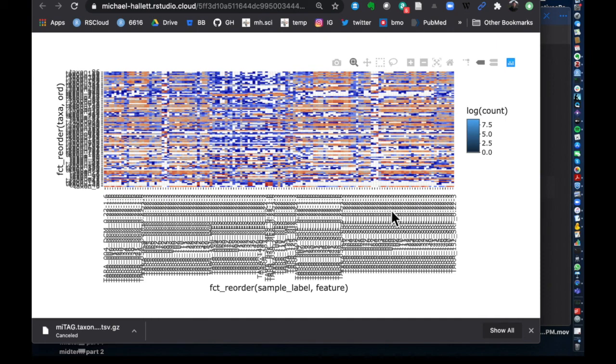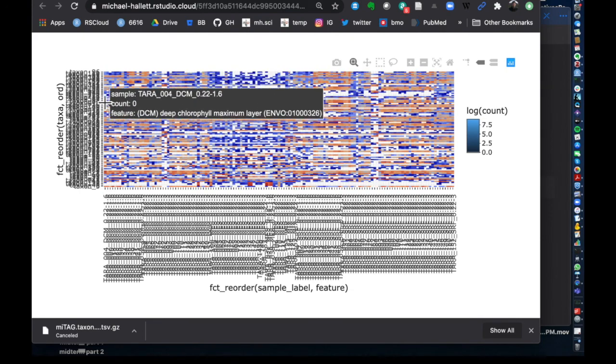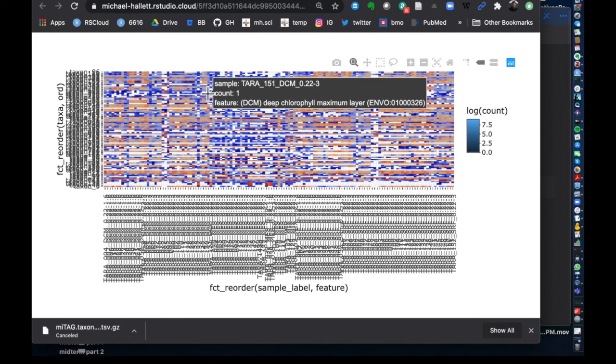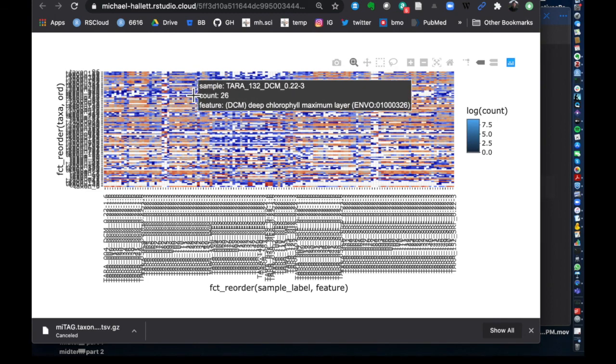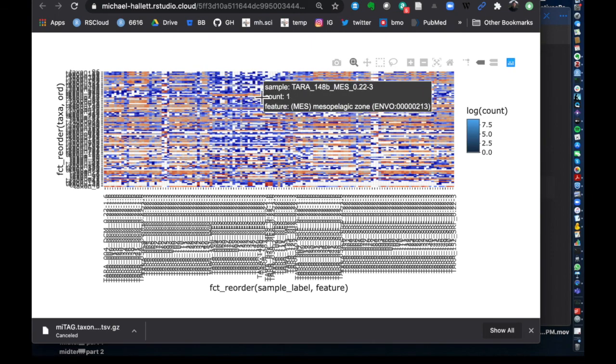Now you can see that in both dimensions you start to see some interesting patterns. Although this is still far from perfect, these guys here are interesting. They're observed very low in the deep water, and these guys here in the mesopelagic are observed quite high, right?